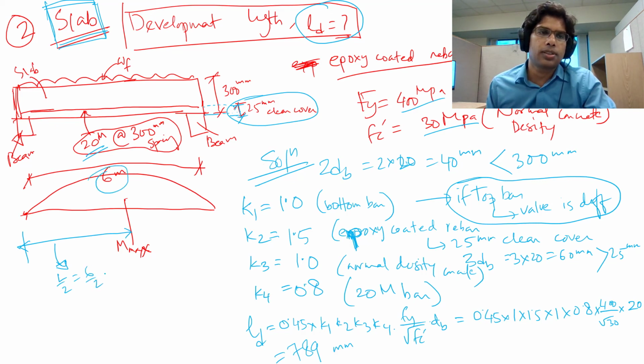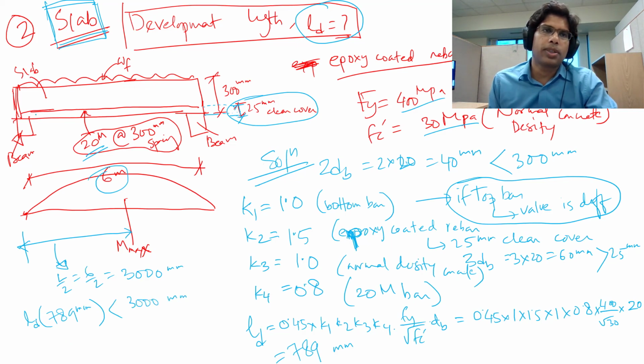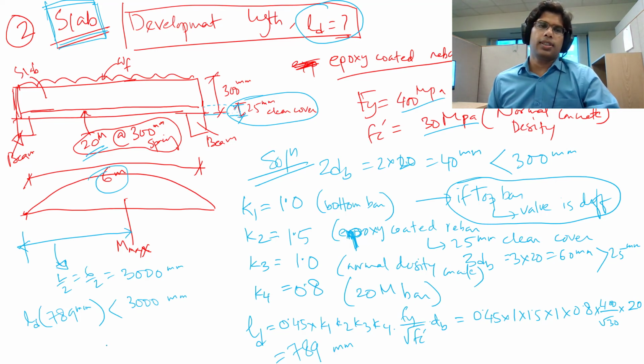So 6 by 2 equals to 3 meter, 3000 millimeters. So LD, which is 789 millimeter, is less than 3000 millimeters. So if we provide the bar all the way to the end, it's sufficient, and there's available space.